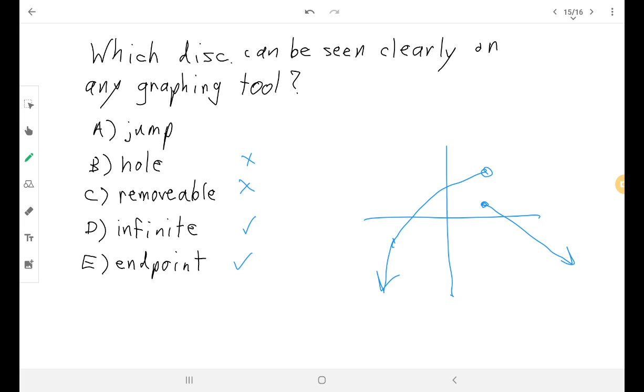So jump discontinuities are usually pretty easy to see. So you can see jumps, you can see infinite asymptotes, and you can see endpoints pretty well. Holes and removables, those are the ones that are tougher to see. All right. I'll give you a moment to look at that, think about that.